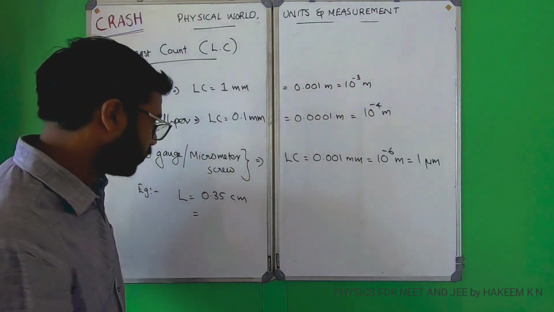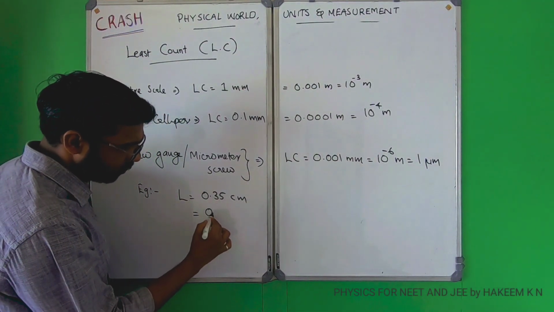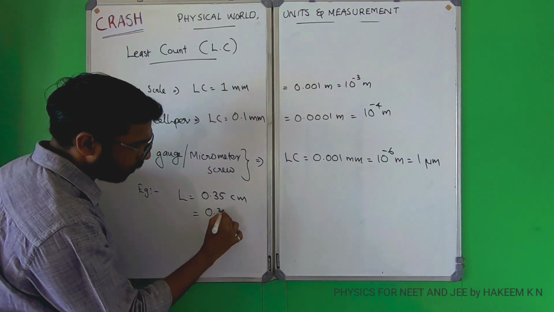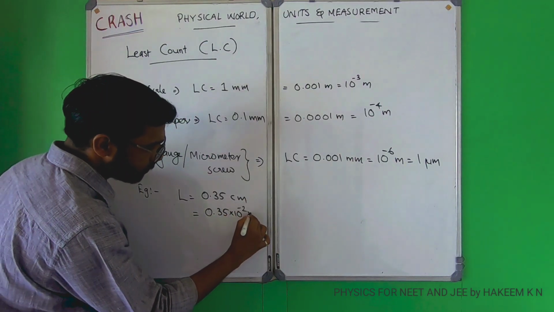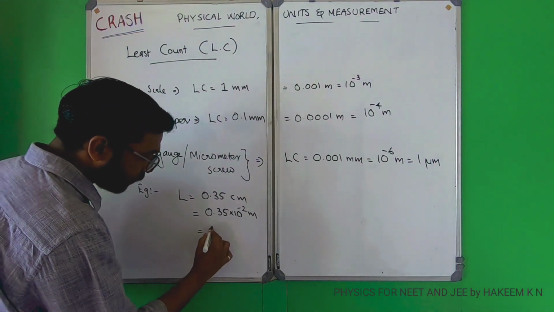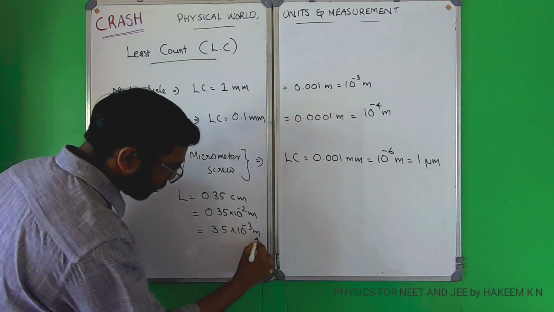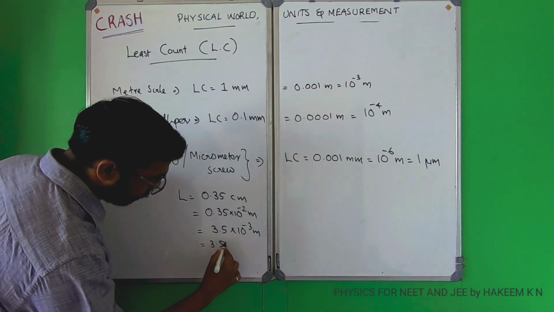How can we understand? 0.35 centimeter we can write as 0.35 into 10 power minus 2 meter, that means 3.5 into 10 power minus 3 meter. It is 3.5 millimeter.